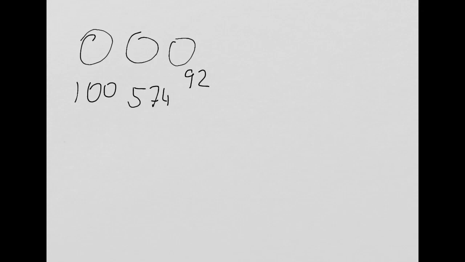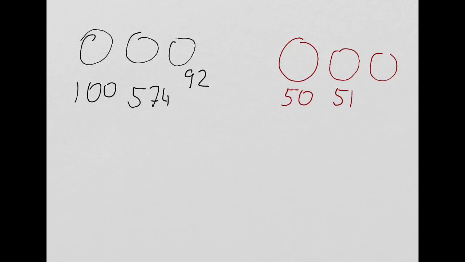Whereas, for example, with my antibiotics, I have 50, 51, and 49. So I can do the mean. Here would be 50. Here I have a huge variation. So which experiment should I repeat? I should repeat really the first one because maybe there's something weird going on.